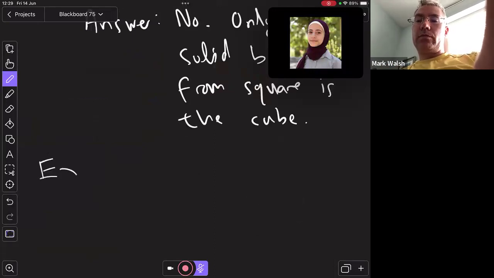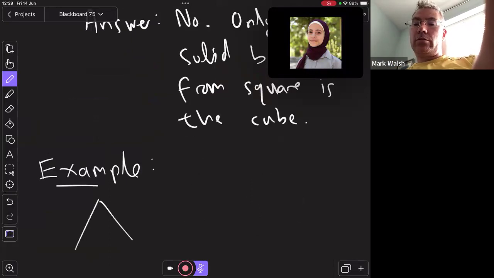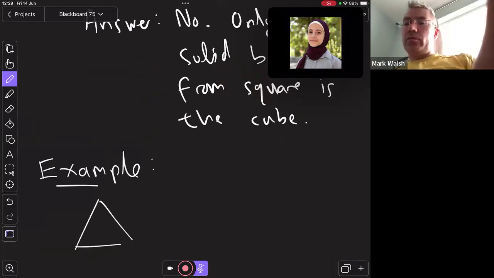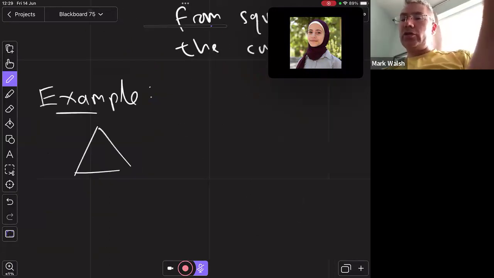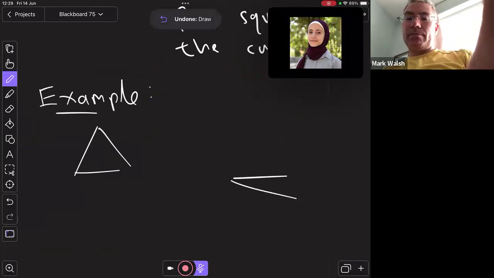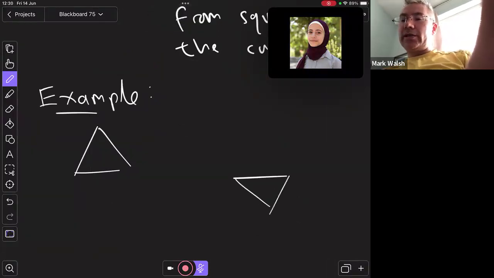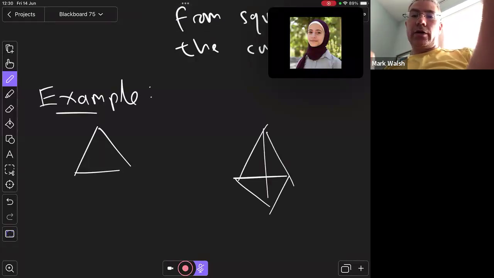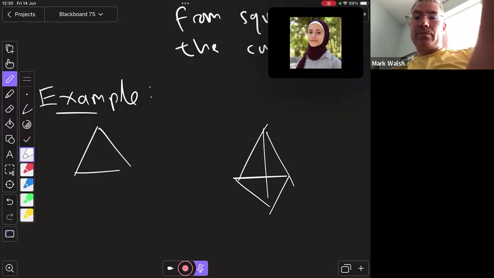So here's another example. Triangle. From this we can build a tetrahedron. You make the triangle a base, like, I can't draw. Make the triangle a base like this, and then you build up the other parts. So you have 4 triangles.